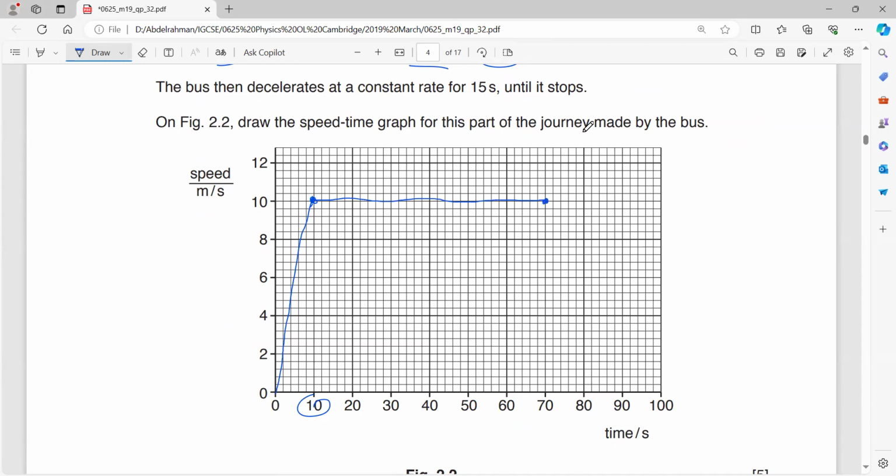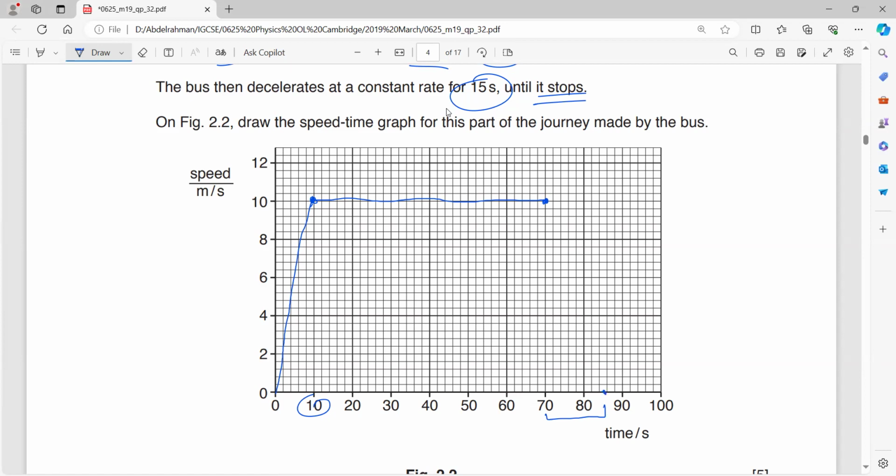Then the bus decelerates at a constant rate for 15 seconds until it stops. Deceleration, okay. At which point should it reach on the x-axis? 85 seconds, because 70 plus 15 would be 85.